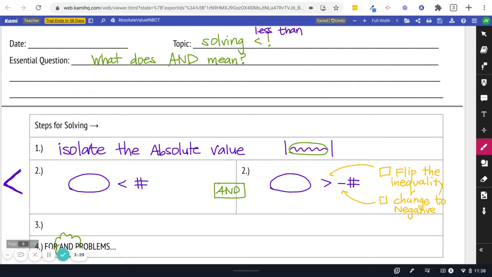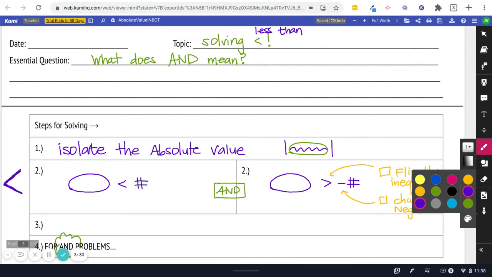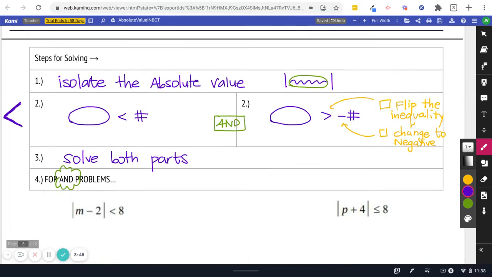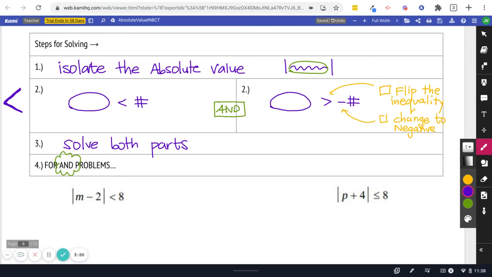So then of course, we are going to solve both parts. Right, because we've written two, so now we need to solve both. And then because these are "and" problems, we end up writing what's called an inequality sandwich.